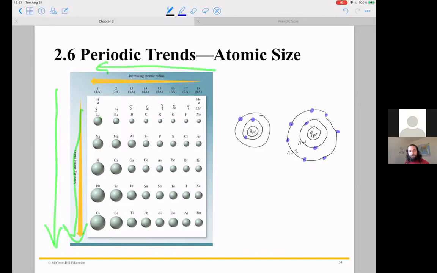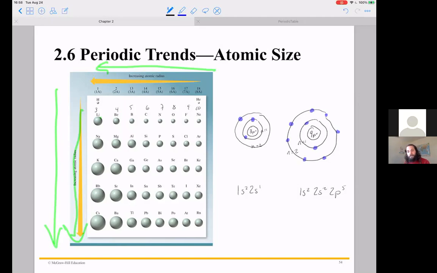The outermost electrons would be a principal quantum number of 2. Remember, fluorine would be 1s2, 2s2, 2p5, whereas lithium would be 1s2, 2s1, right? So this is its n equals 1 layer and its n equals 2 layer. Okay. Oh, I didn't draw these to scale. That's my bad. I was kind of trying to exaggerate a point here.